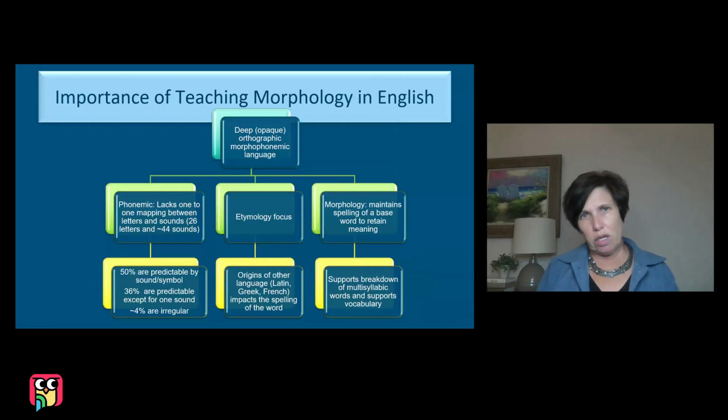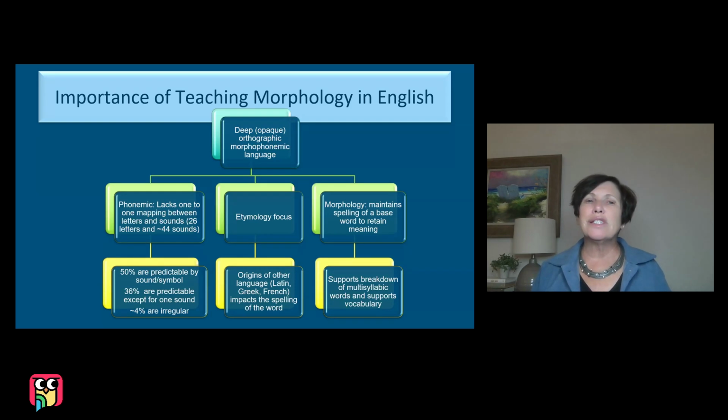So why is it important that we continue to teach morphology? I want to talk a little bit about the English language, just to dig a little deeper in regard to how complex English is, as we all know, because we chose to be speech language pathologists.